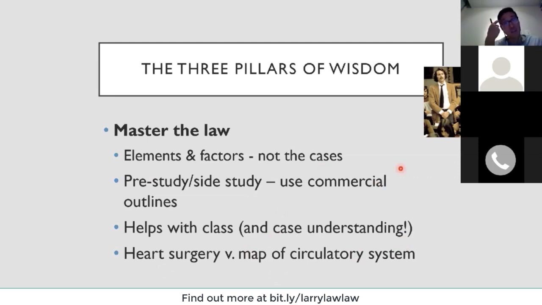You go, okay, I see, that's a model of the circulatory system. Law school just throws you into the deep end by making you cut open a person with heart disease and perform surgery on them just to understand the map of the circulatory system.